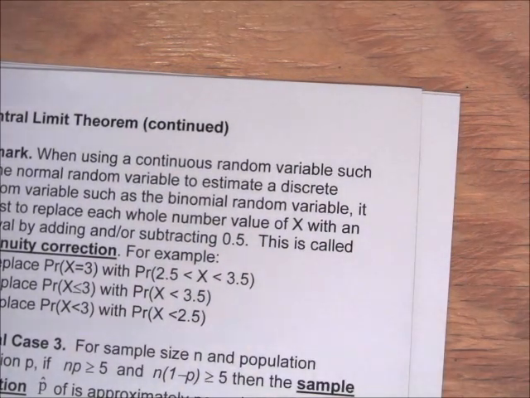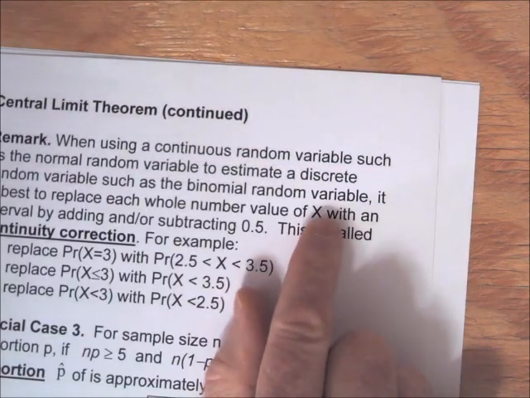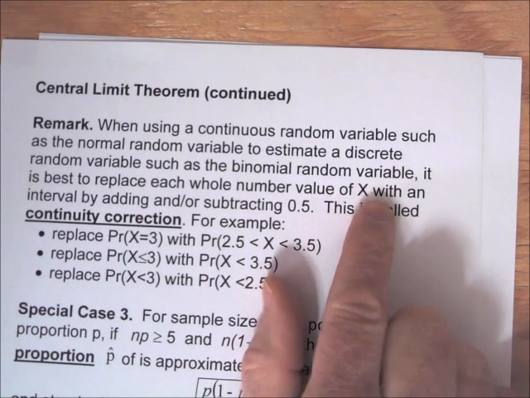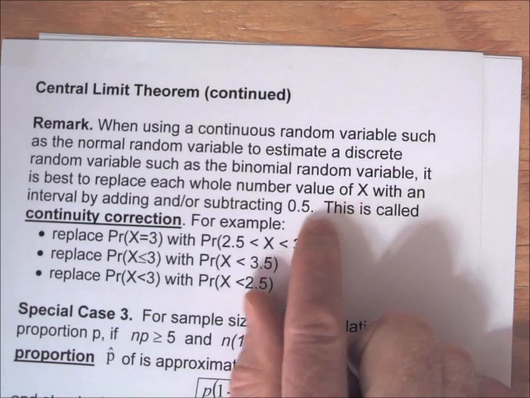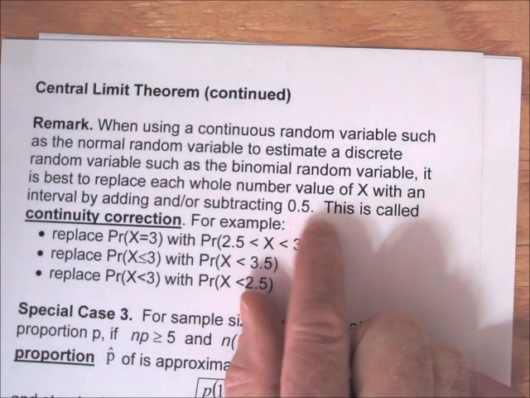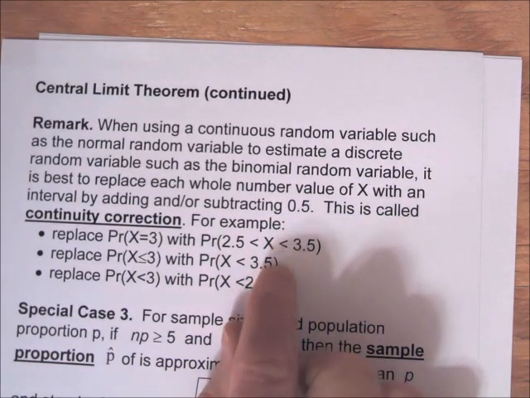When using a continuous random variable, such as a normal random variable, to estimate a discrete random variable, such as a binomial, it is best to replace each whole number with an interval by adding or subtracting 0.5. This is called continuity correction.